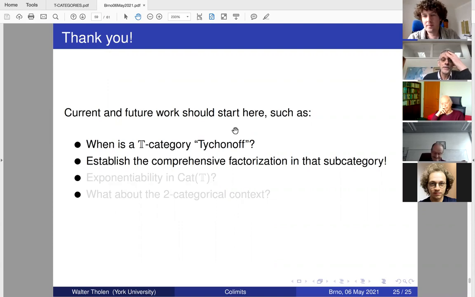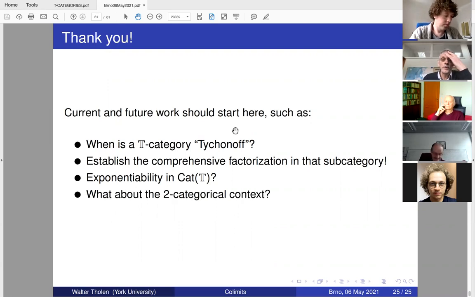Other things that we are working on with Leila are exponentiability and closedness. I haven't talked at all about the two-categorical context. T is a 2-category, but you know, there's lots of preceding work on this, starting with Burroni's old paper.